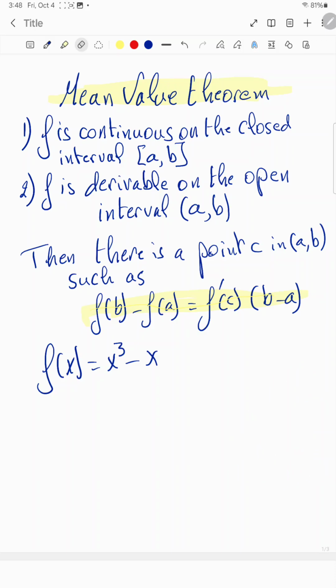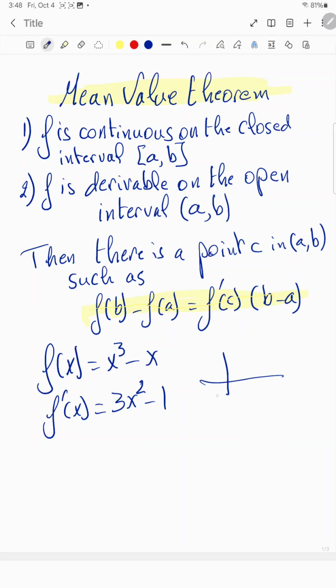And the second condition is that the function should be derivable on the open interval a and b. So if I find the derivative, f prime of x is equal to 3x squared minus 1, so it is derivable, whatever a is and whatever b is. What do they mean by a and b?